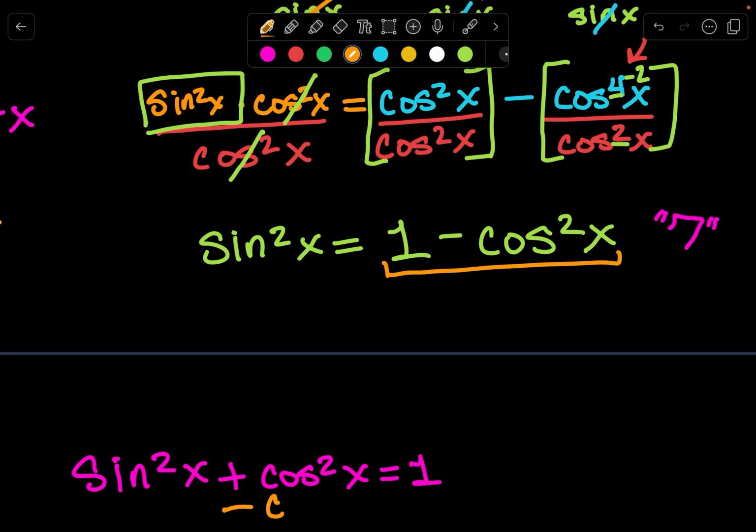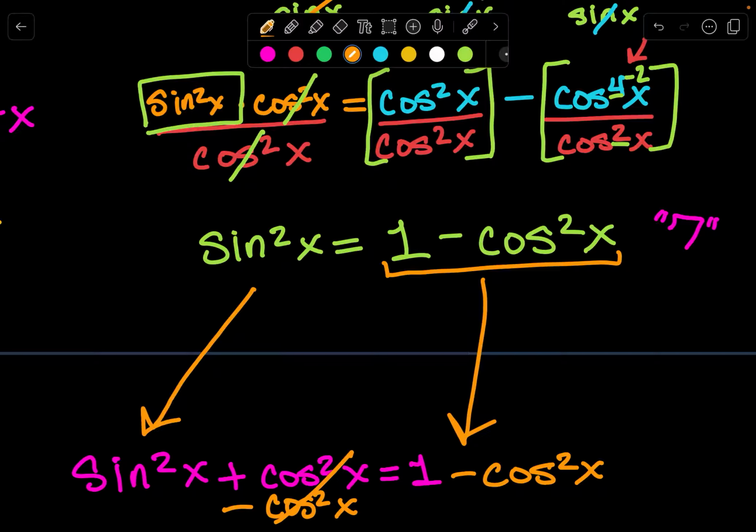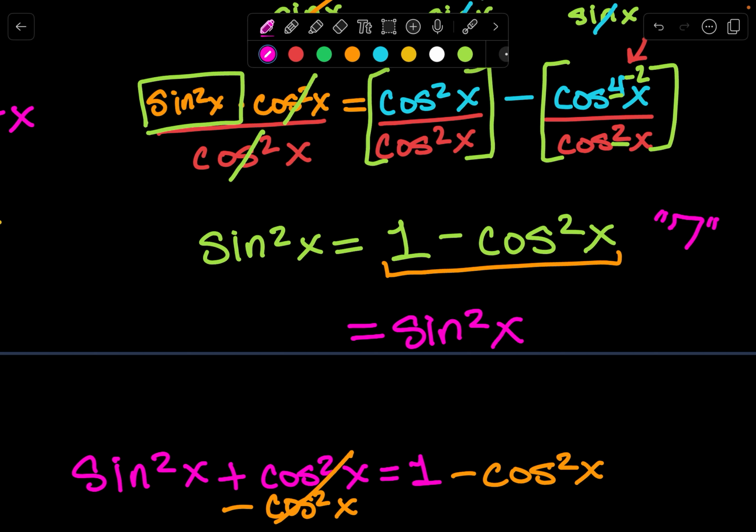You could subtract cosine squared x from both sides. And now these two look alike. So what that's saying is this whole right side actually equals, or can be substituted with, sine squared x. And that proves that these two sides are equal.